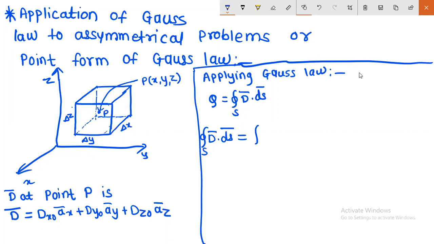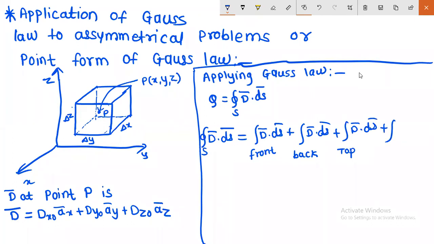So it is equal to the front side integral of D bar dot dS bar, plus back of again D bar dot dS bar, plus top of D bar dot dS bar, plus bottom of D bar dot dS bar, plus left of D bar dot dS bar and plus right of D bar dot dS bar.